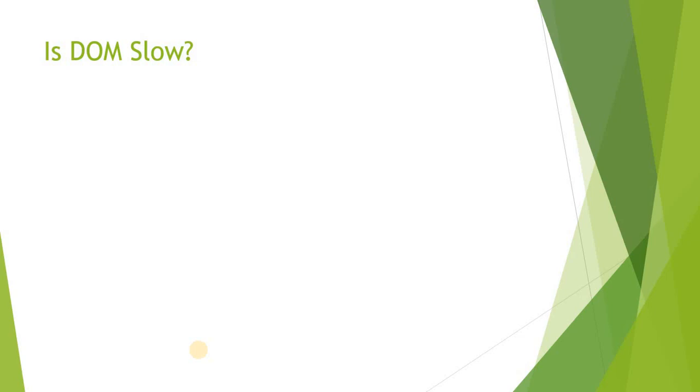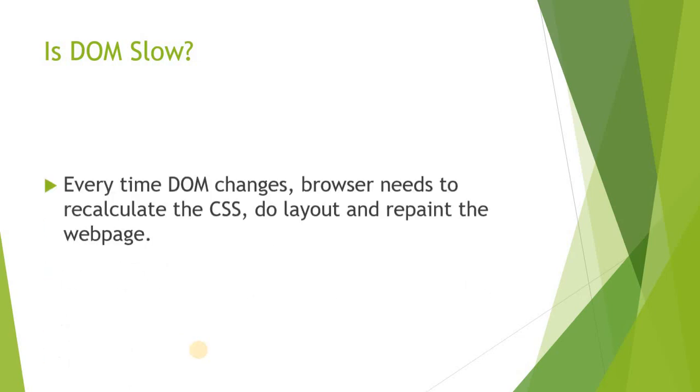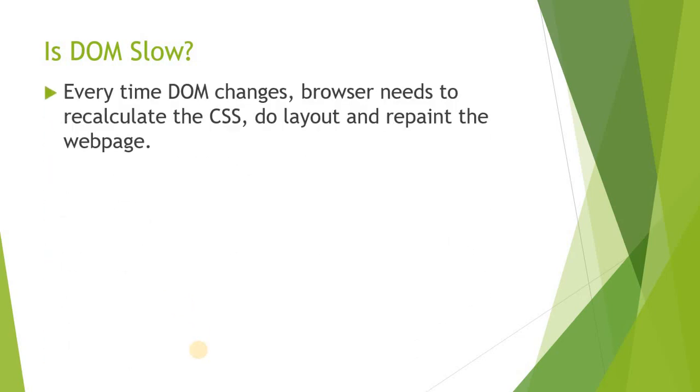So in the last session, we discussed what a DOM is and how it works, and we also saw the workflow mechanism of the DOM, basically the document object model. Every time the DOM changes, the browser needs to recalculate the CSS, do layout, and repaint the web page.